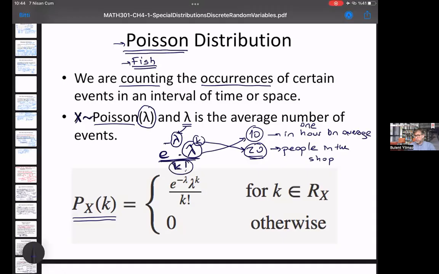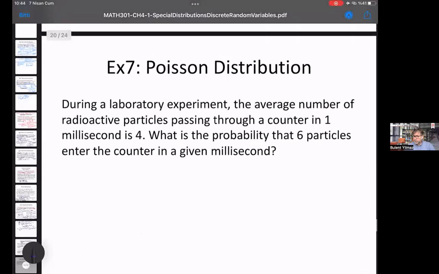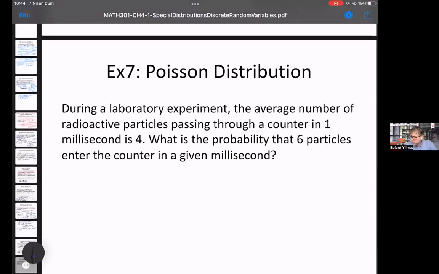Okay, so I'm going to solve 3 questions here, guys. Let's start with this simple question. Let me write the formulation once again. E to the power minus lambda times lambda to the power k divided by k factorial.